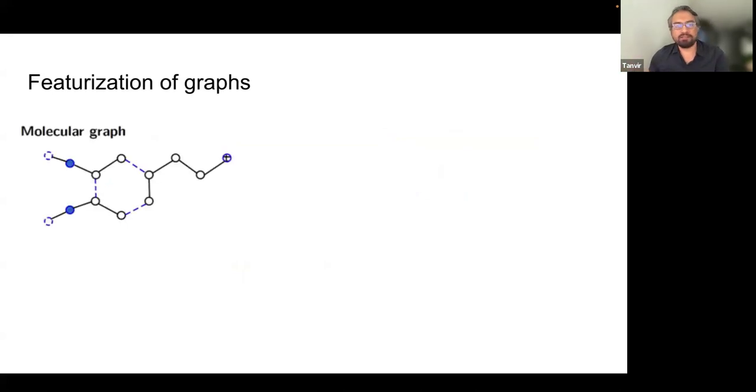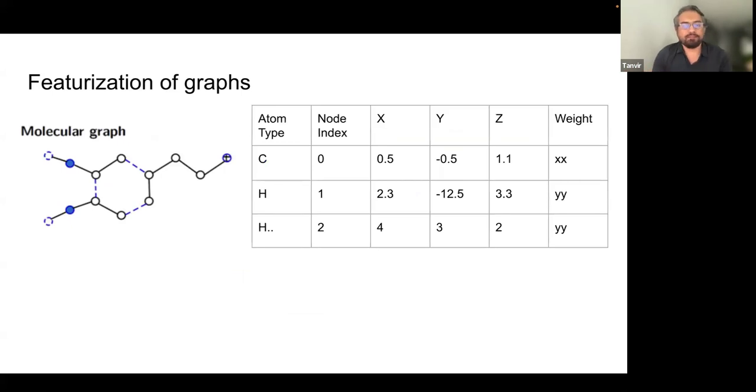So the next step would be, how can we featurize a graph? The first step was from molecule to a graph format in computational terms. The other step, after we convert the molecule into a graph format, is that we can create a table. We can label each and every atom here. Say, for example, here we have a carbon atom that we can label.